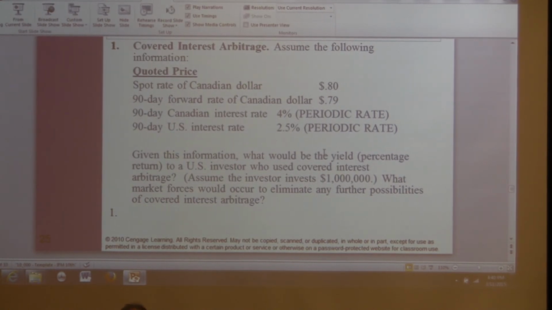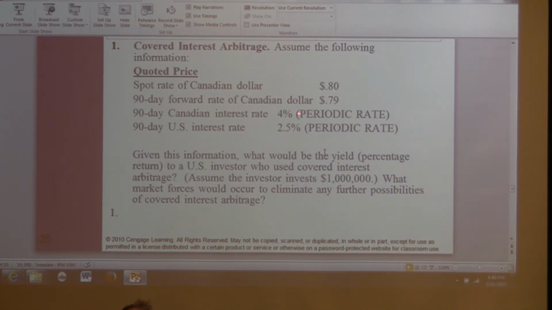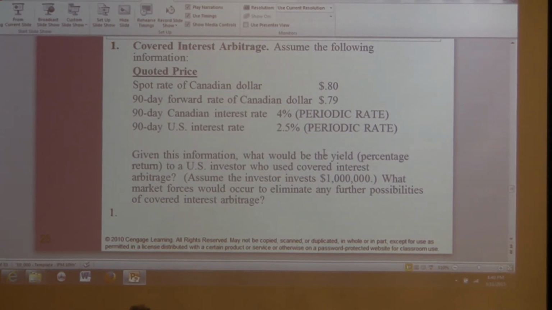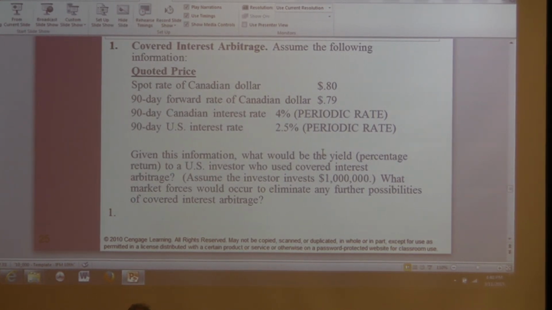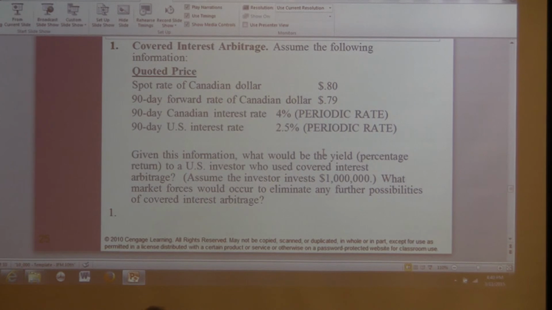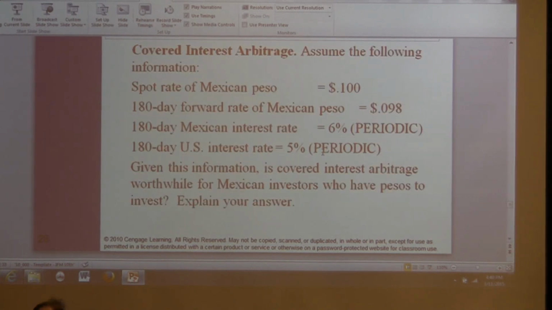In that case, the forward price is 0.79, and based upon our formula, the number should have been 0.788, isn't it? That's what we found, okay? So when that was the case, somebody in the US could make some extra profits.